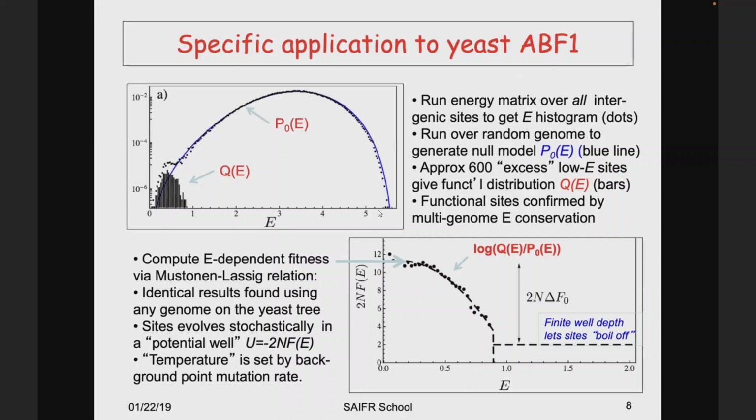Not too surprising. So we've quantified the product of population size and some number characterizing fitness. And what we know is that the difference between a binding site that's doing its job and one that's gone is 10; the depth of this potential well is 10 in some units.